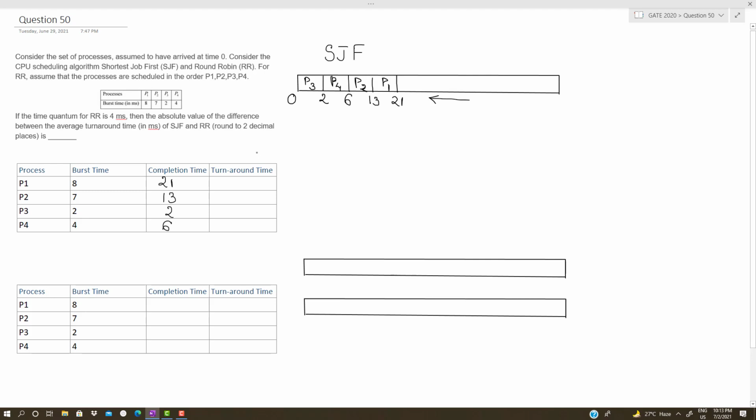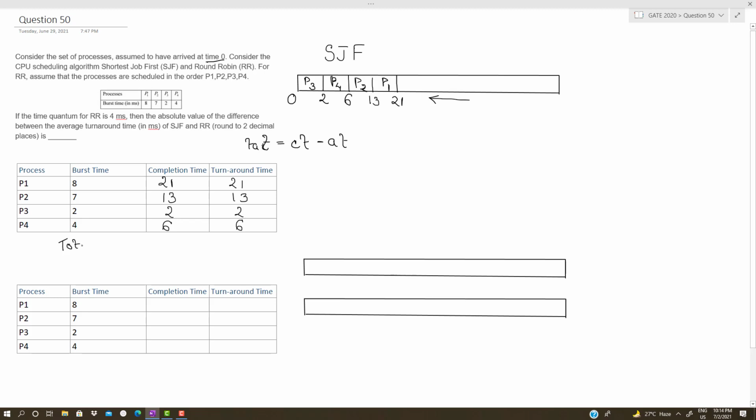Now we know that turnaround time is nothing but the completion time minus the arrival time. So, since all the arrival times are 0, as written in the question, the turnaround time for all of them will be the same as the completion time, right?